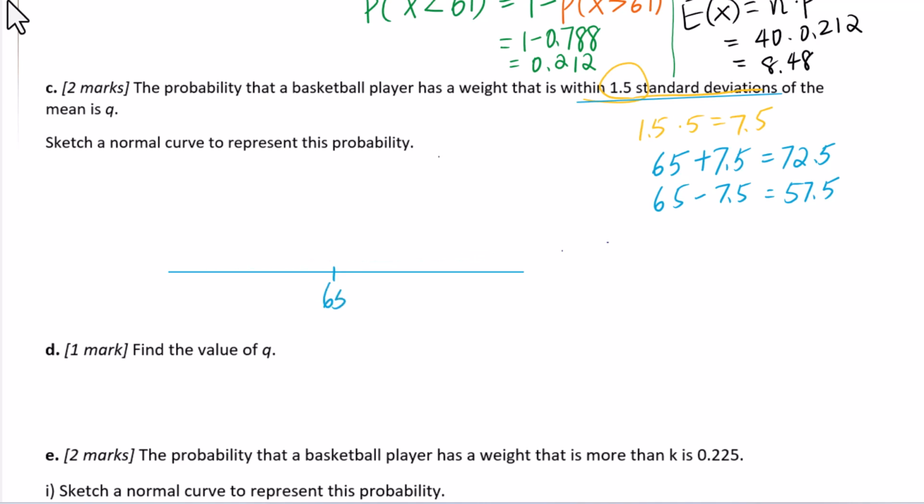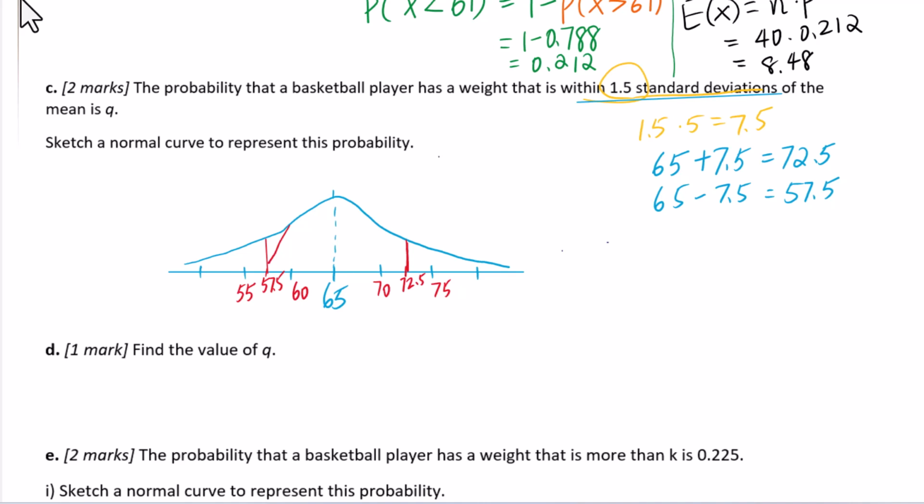Mean 65. The distance between any two labels is standard deviation 5. Sketch this bell-shaped curve. 60, 55, 57.5 will be in the middle. 70, 75, 72.5 is here.